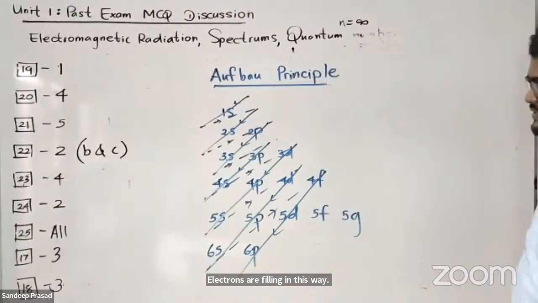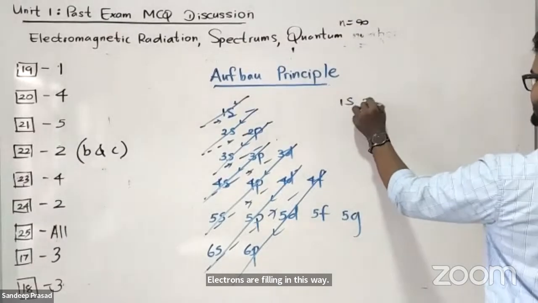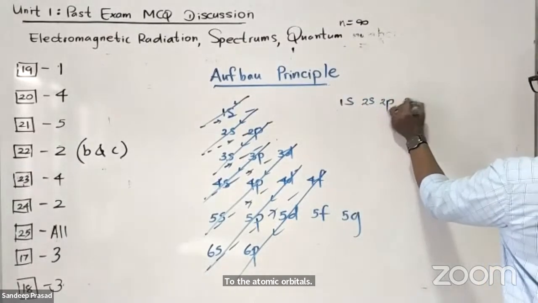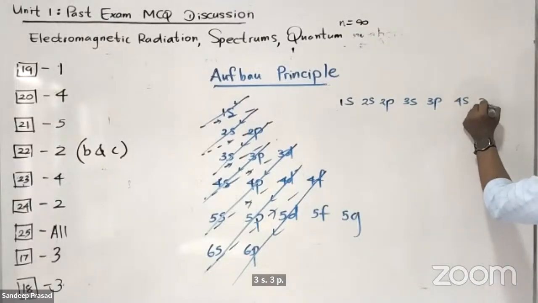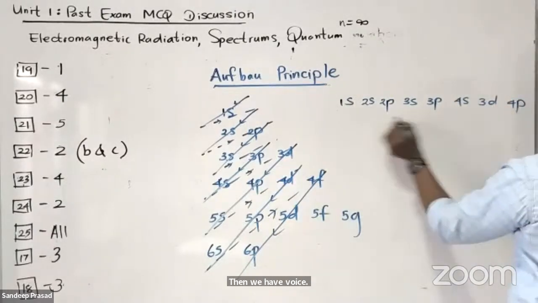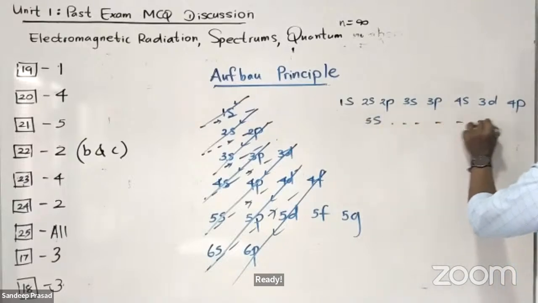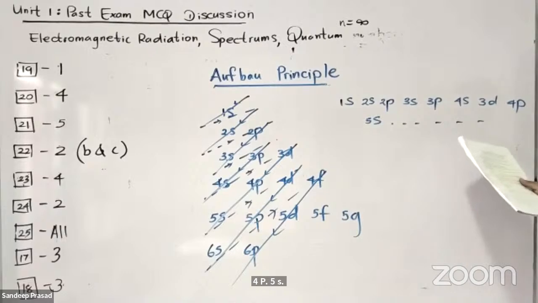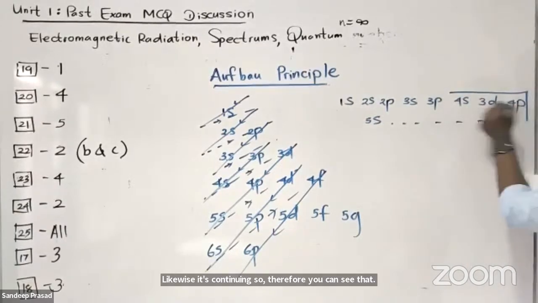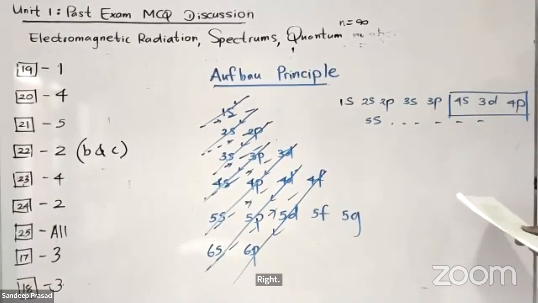To the atomic orbitals. What is the order? 1s, 2s, 2p, 3s, 3p. Then we have 4s, 3d, 4p, 5s. Likewise, it's continuing. So you can see the correct order, right? Can you see this order? 4s, 3d, 4p.